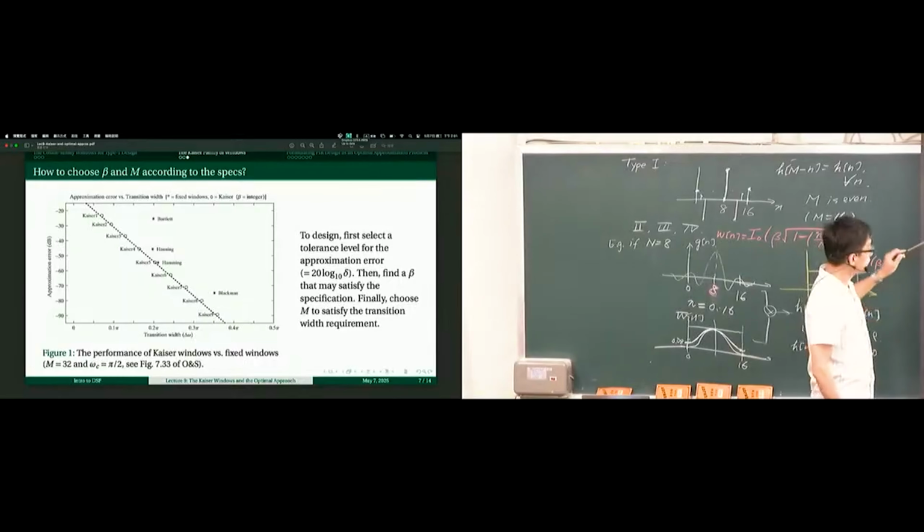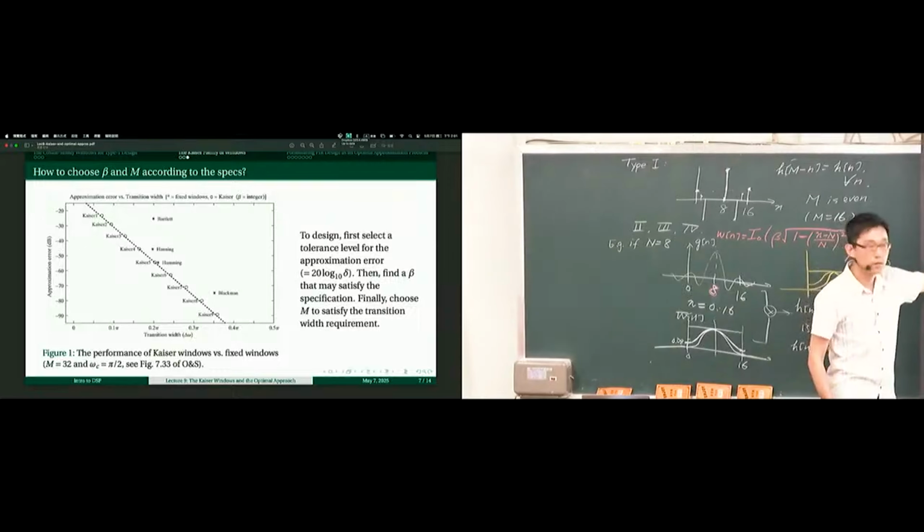If the error needs to be controlled within this level, just draw a straight line, and it hits this dotted line somewhere right here, in between Kaiser 4 and Kaiser 5, right? Then can you make a suggestion? What should beta be? Beta should be somewhere between 4 and 5.